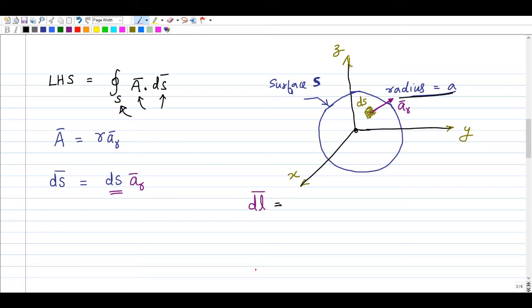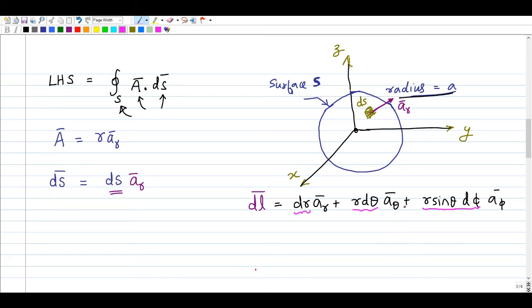In spherical system of coordinates, differential length is given by the expression dr a_R plus r d theta a_theta plus r sin theta d phi a_phi, where dr is the elemental displacement along a_R direction, r d theta is the elemental length along a_theta direction, and r sin theta d phi is the elemental length along a_phi direction.